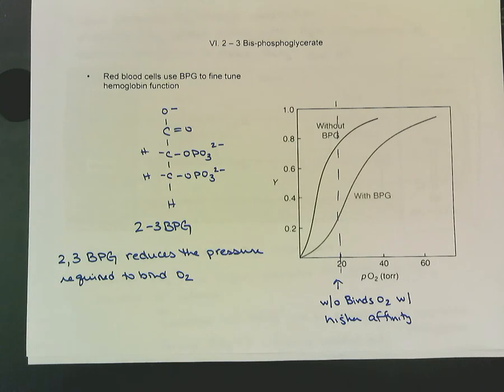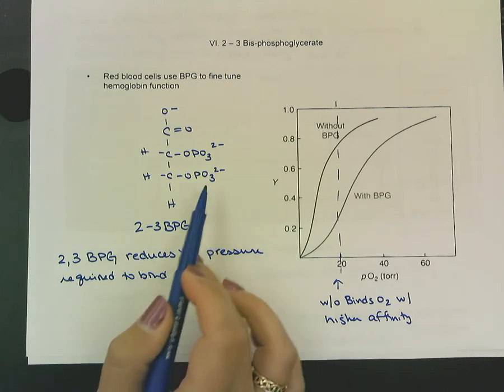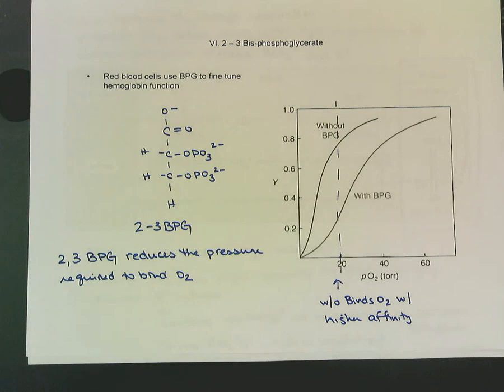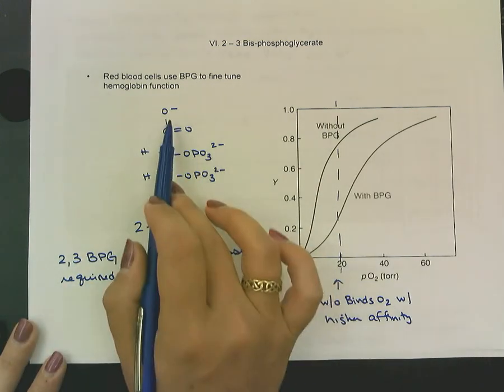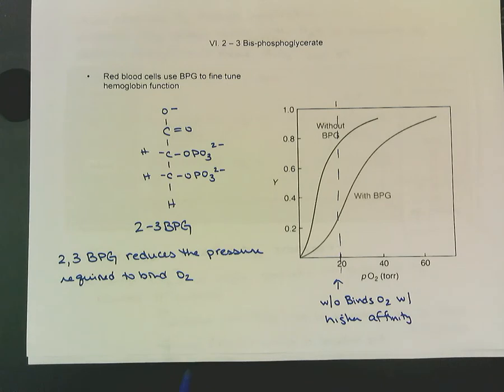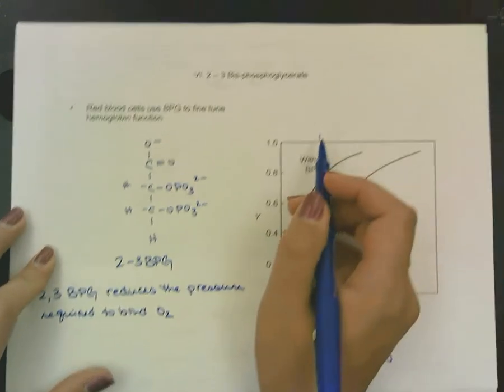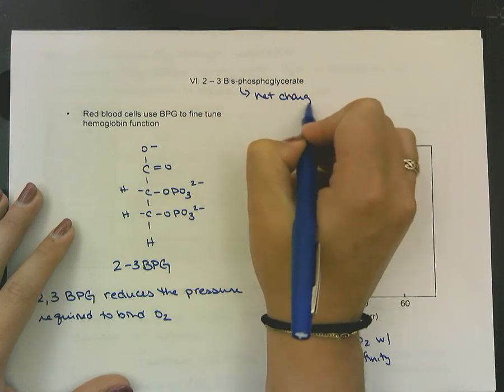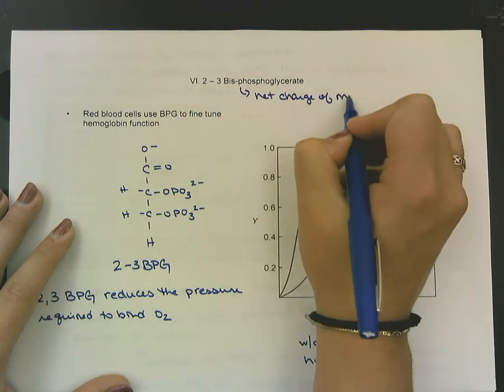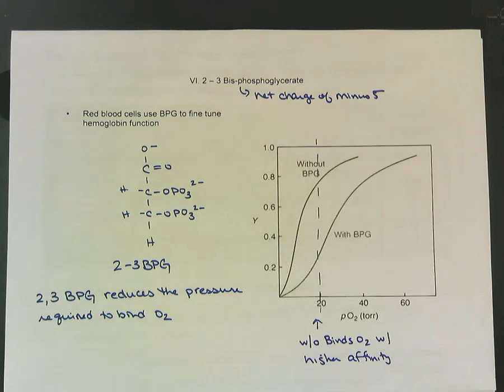And how it goes about doing that is, how many charges does 2,3-BPG carry on it? Overall it has a net charge of -5.